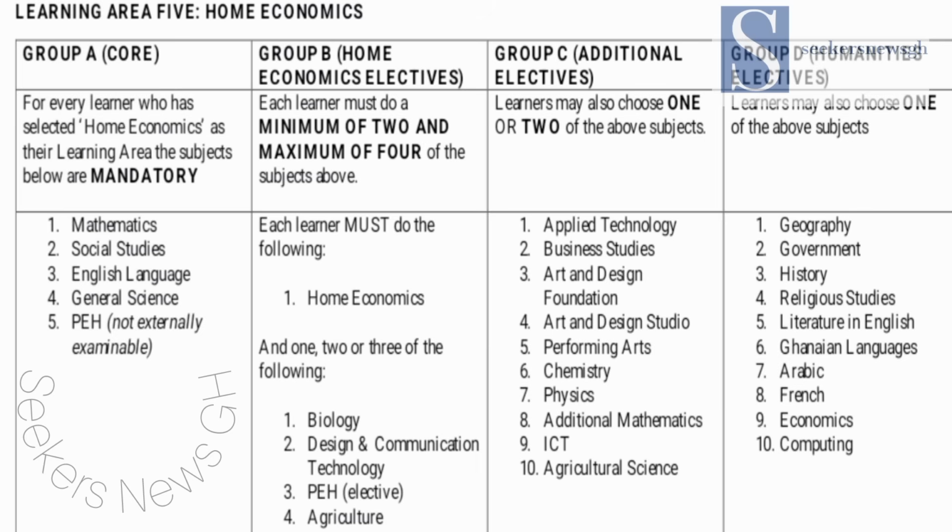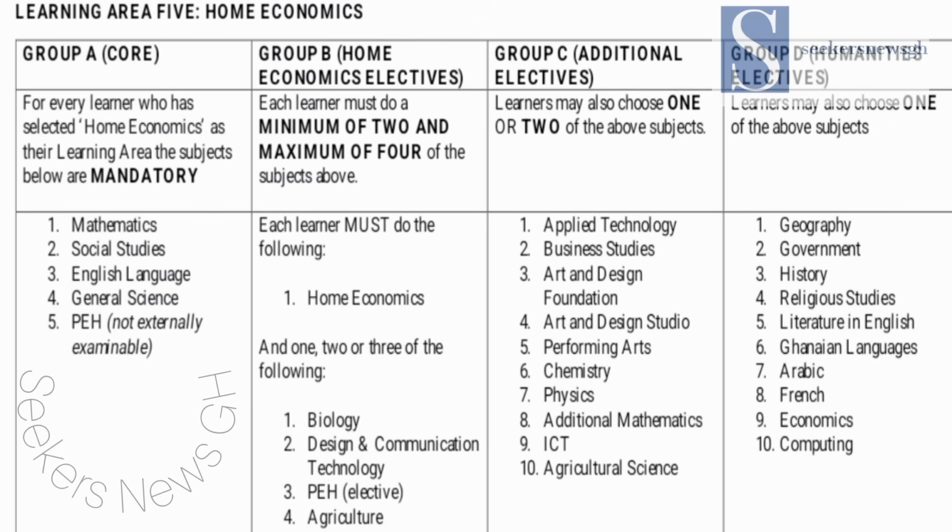Each learner must do home economics. So in year 1, everyone must do home economics as a subject. Management in living, clothing and textiles, all those things are mixed up to form the home economics subject. So it's just one subject, not various different subjects.